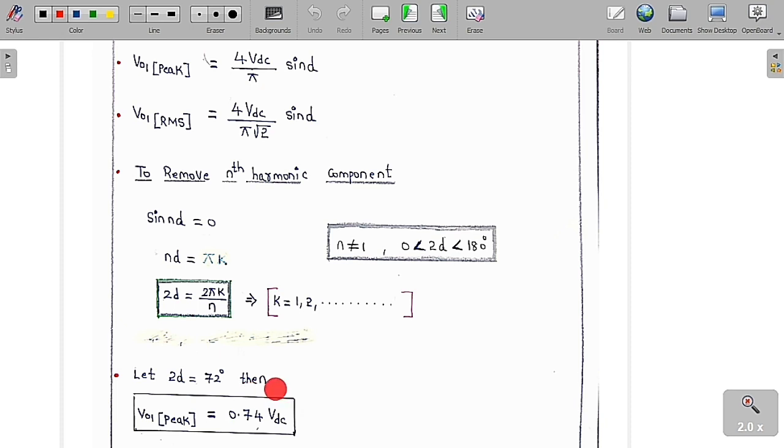If 2d is equal to 72 degrees, then consider the V01 peak value. I already told you the peak value of the fundamental output voltage is 4 VDC by pi into sin d. If you substitute in the expression, we get 0.74 VDC. So V01 peak value is equal to 0.74 VDC.